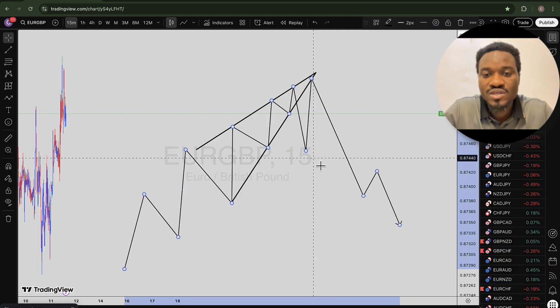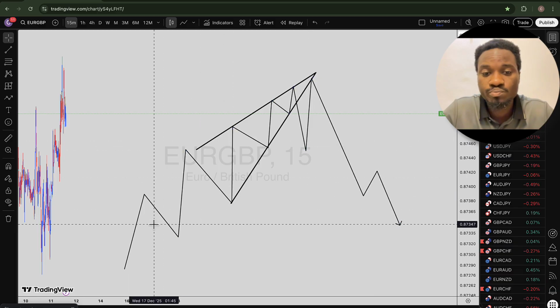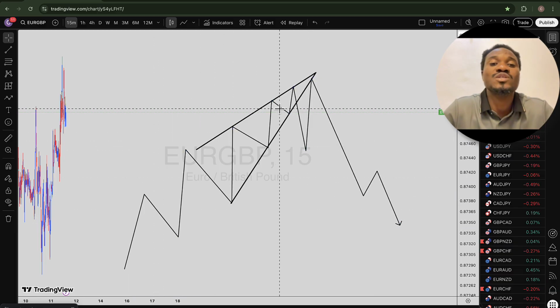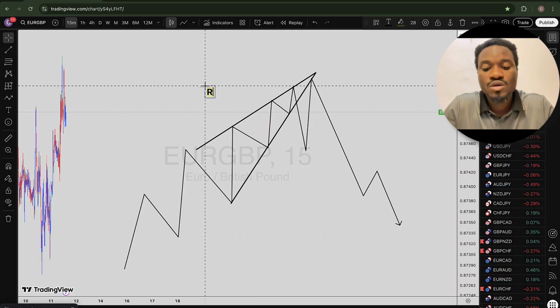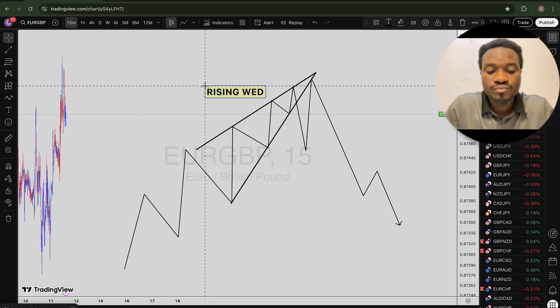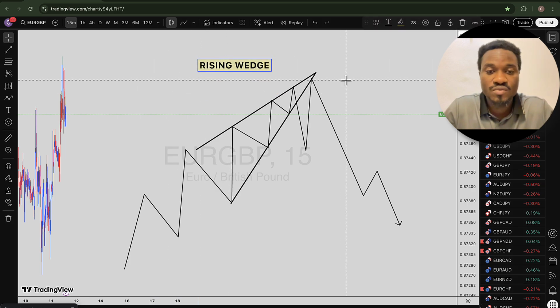So when you have this pattern right here, it's showing you, look, trader, an end is about to come to this bullish trend, and the market is about to reverse to a downtrend market structure. So this is what I call the rising wedge. We have a rising wedge right here. You can see that. So that is our rising wedge, this is the pattern right here.